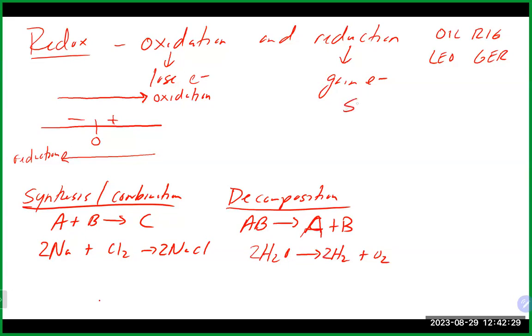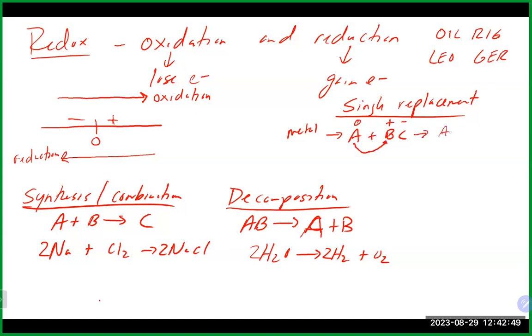A single replacement reaction. That is A plus BC. If A is a metal, it has no charge, and BC is a positive and a negative. It will come in and kick out the positive guy, because that is what metals typically make in terms of their charge. It will then gain a charge, and that guy will come out by itself.